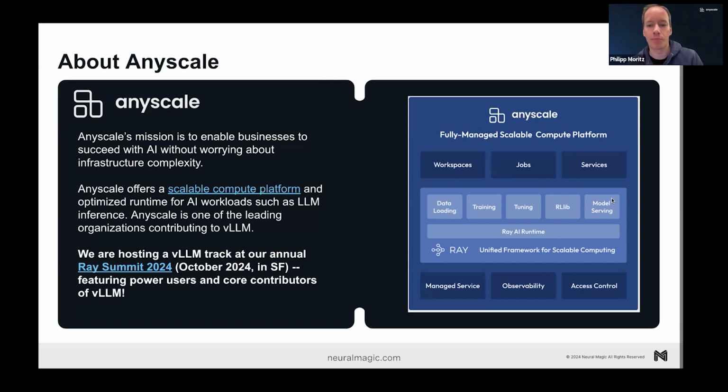Jobs are for batch workloads like training workloads or batch inference workloads, and services are for online serving like arbitrary models or vLLMs, LLMs, and all of these concepts are backed by Ray. So it's all scalable, and it provides different AI workloads.